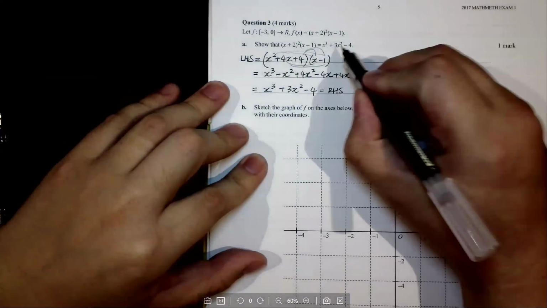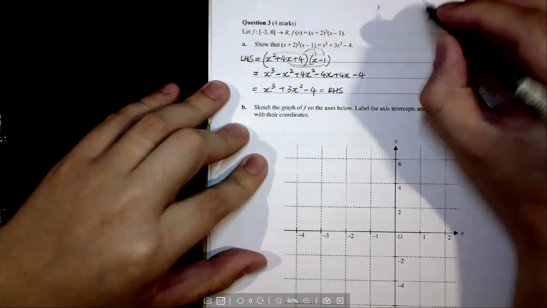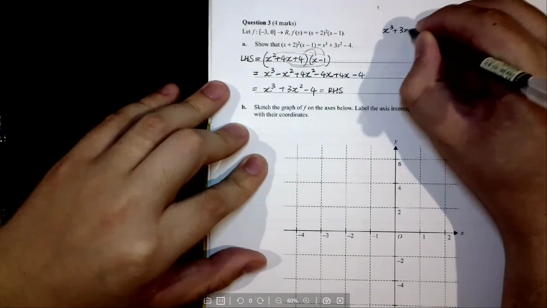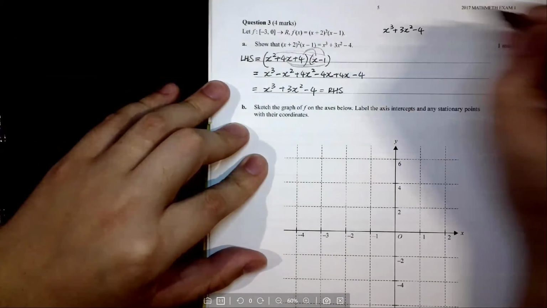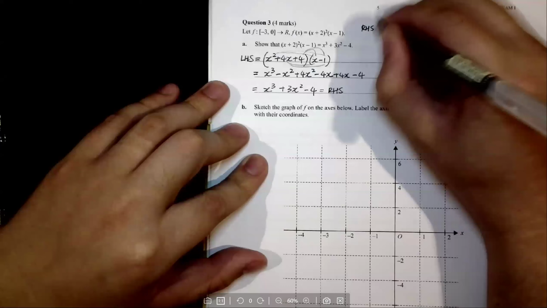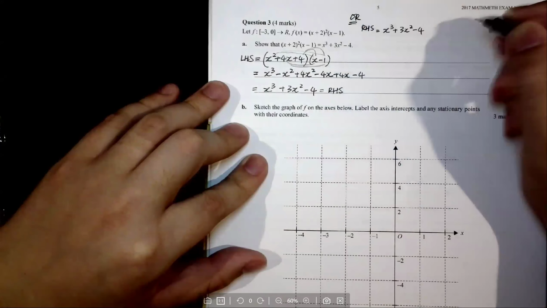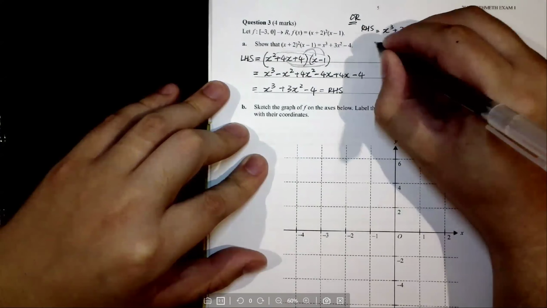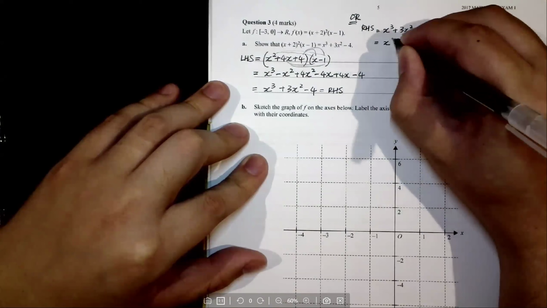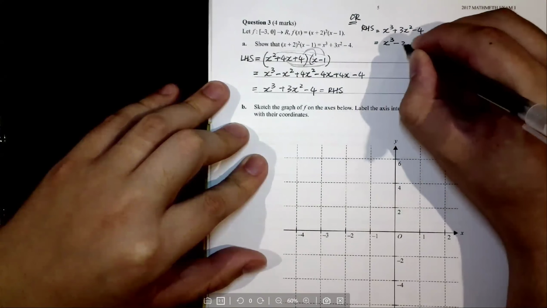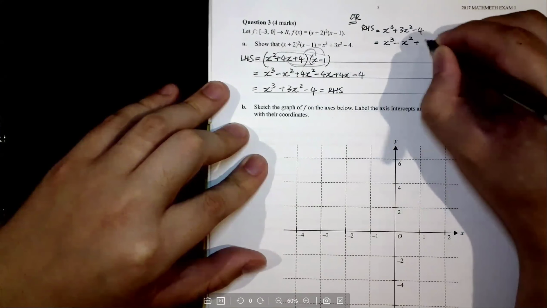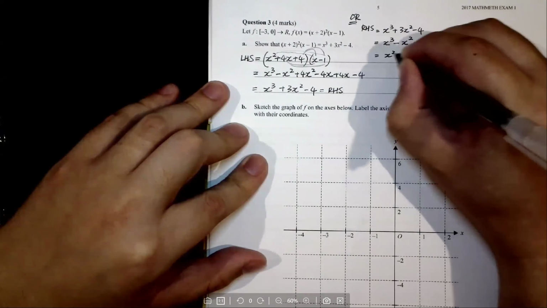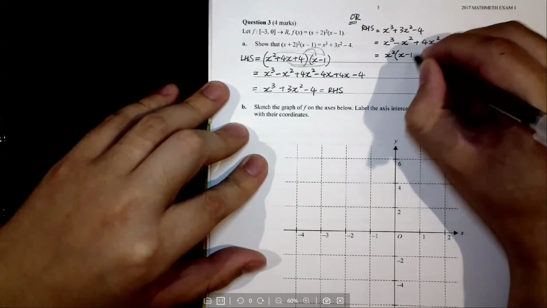if you go from right-hand side to left-hand side, you might say, okay, x to the power 3 plus 3x squared minus 4 equals to, for example, if you notice there is an x minus 1, you might say, okay, we have x to the power 3 subtracting x squared. Then you add a 4x squared minus 4 here. Then you can take out an x squared here, and just get an x minus 1.